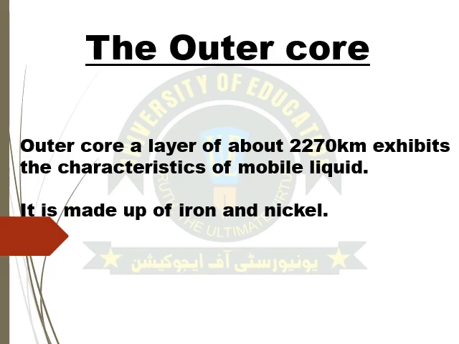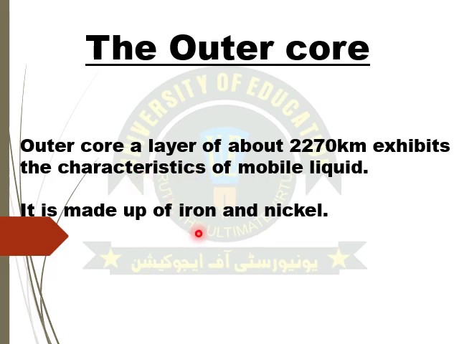Now we are going towards the next portion that is called the outer core. Outer core has a diameter of about 2770 kilometers. It is usually a mobile liquid because it is in molten form.